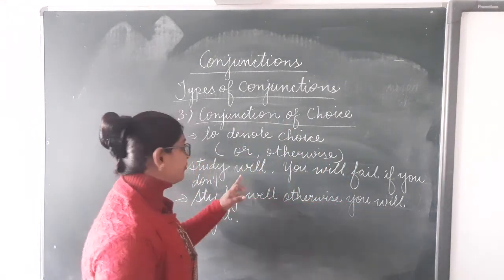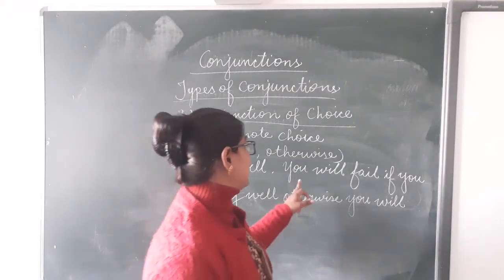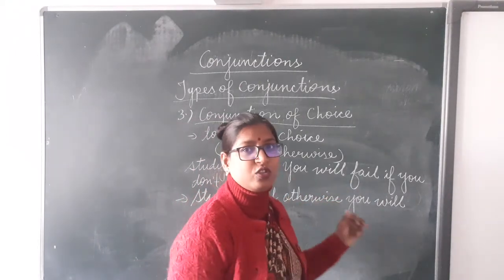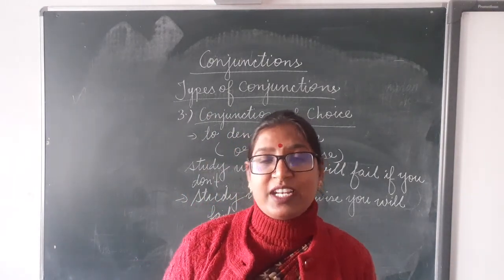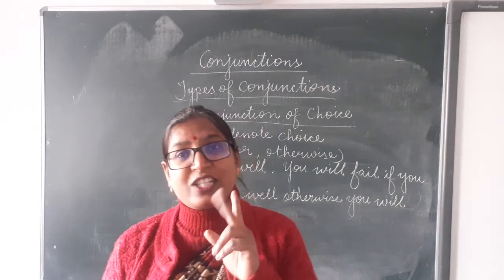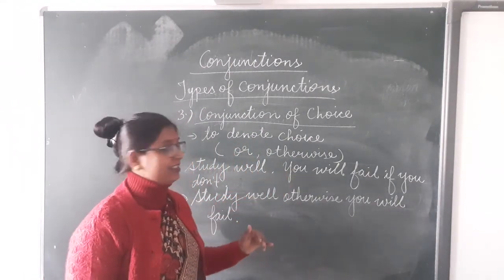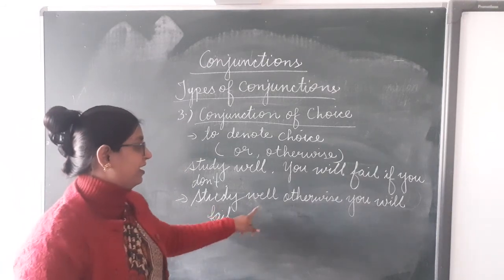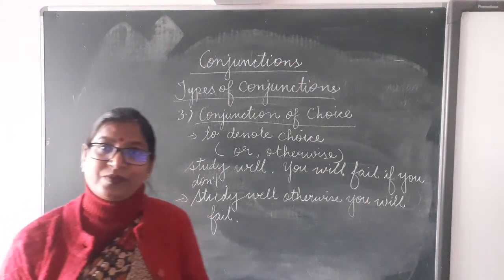So the first choice is you study. Second is, you will fail if you don't. Either you study or you fail. Here we can see the choice. So how do we add these kinds of sentences? Study well, otherwise you will fail.